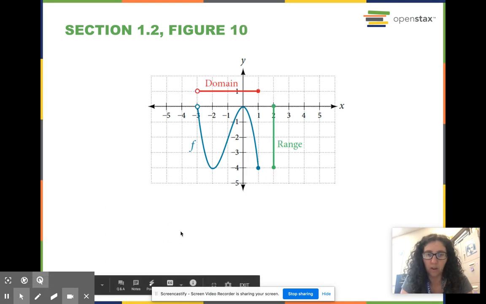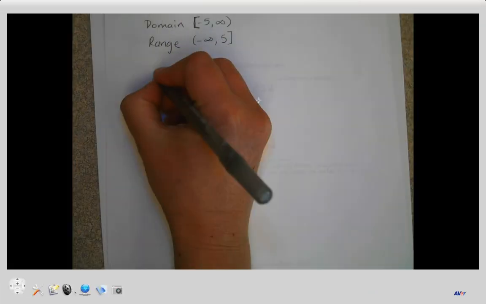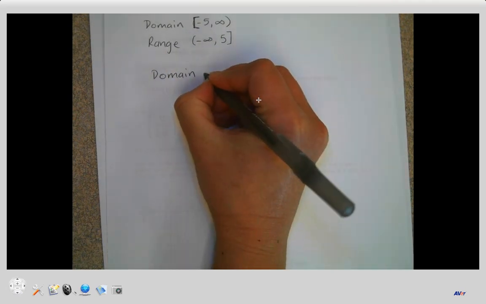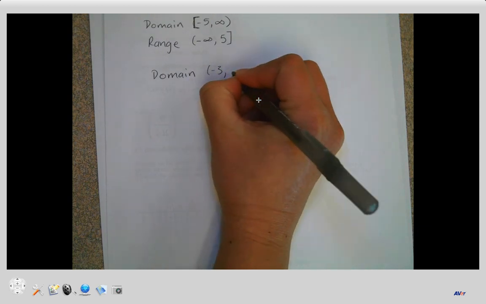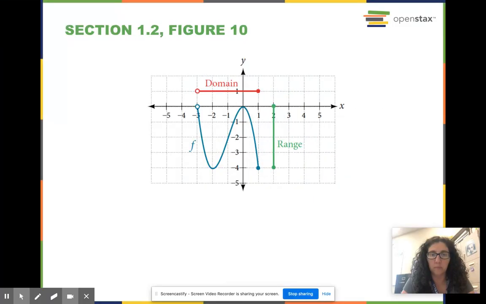Okay. So on this function, the domain is going to go from -3 to 1. And this is an open circle because -3 isn't included, and this one is a closed circle. So the domain is going from -3 to 1, and that's a closed circle. And the range is going to go from -4 up to 0.